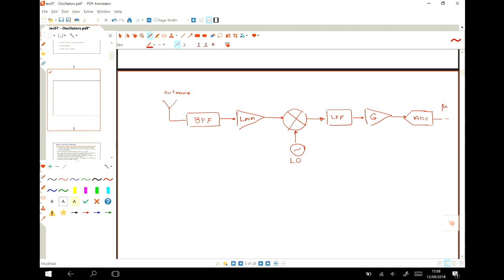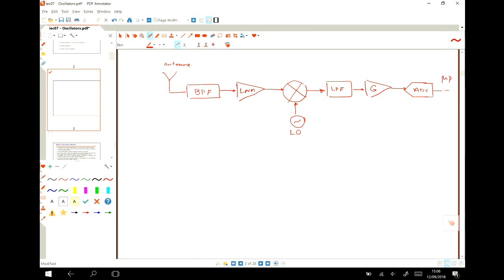So this is your ADC and then the processor, your microprocessor. This local oscillator we use in the receivers to down convert our signal, and in the transmitter to up convert the signal. What you should consider is that sometimes we use an IQ modulator or demodulator.